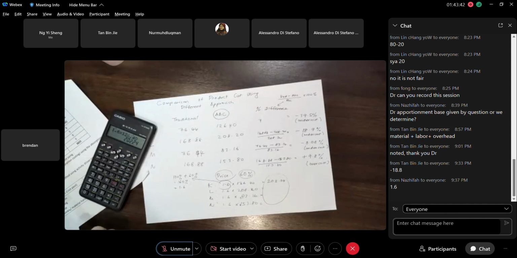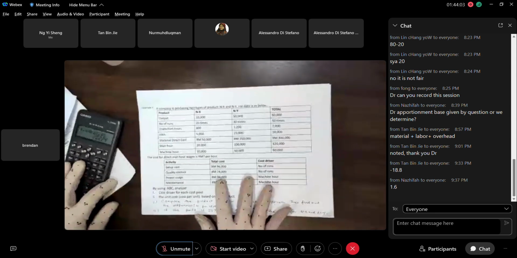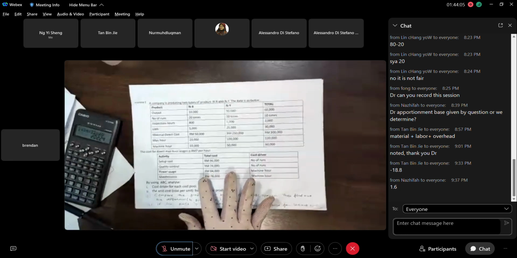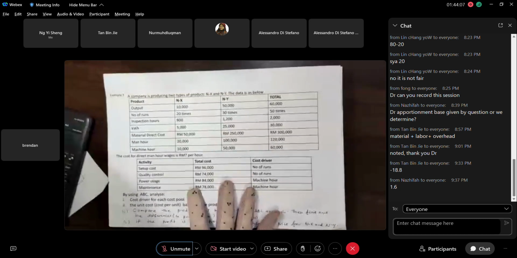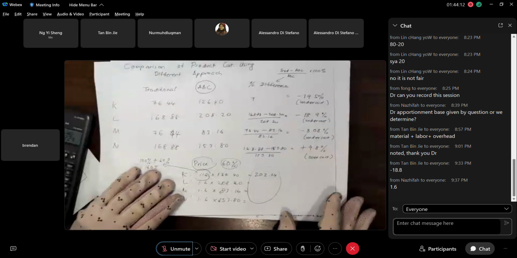Okay, now I want to give you, we will close our class by this exercise. And you show me the answer. Doctor, just now the calculate the percentage one I see in the slide is the ABC cost minus the traditional cost.